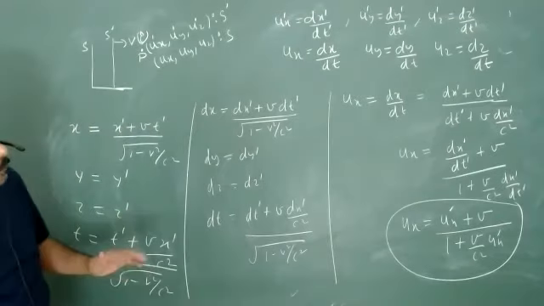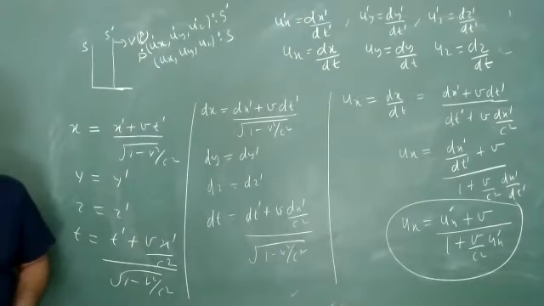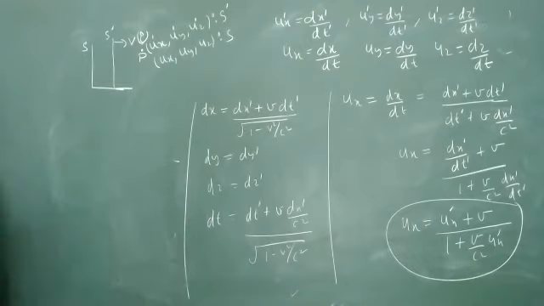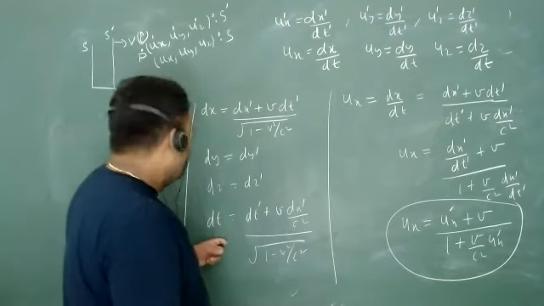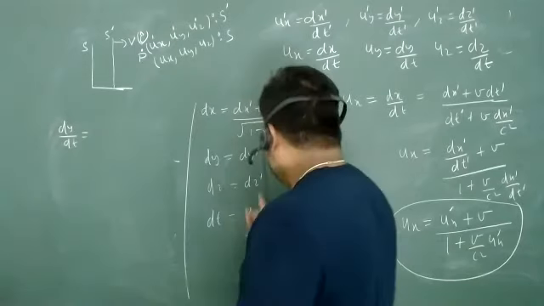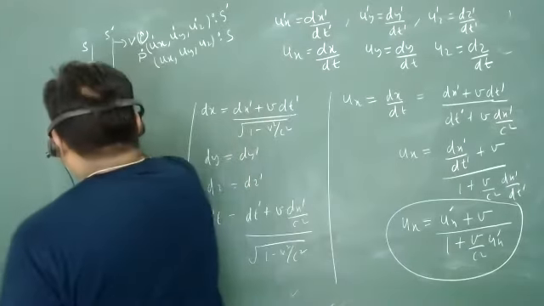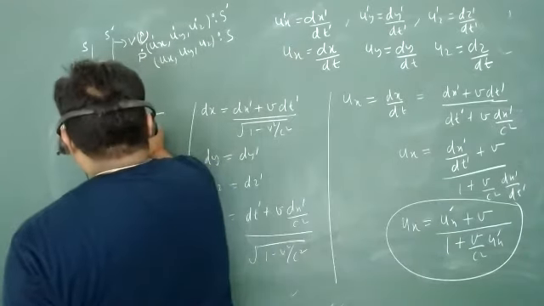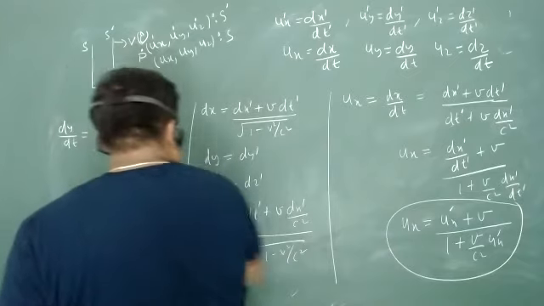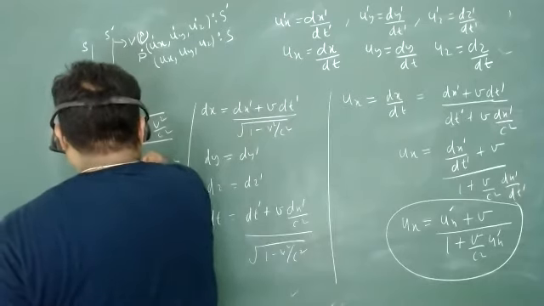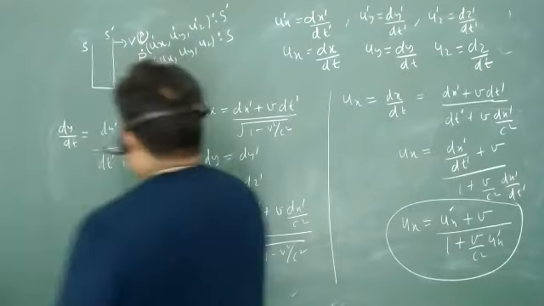Now let's try to calculate uy. If we are going to calculate uy, then obviously we have to divide dy upon dt. We have to just take this one and this one. Now dy upon dt is equal to dy' times root under 1 minus v square upon c square, and this part will come at the denominator: dt' plus v dx' upon c square.